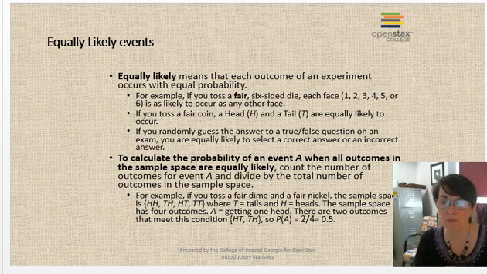Remember that terminology. When all outcomes are equally likely, we count the number of outcomes possible, the number of possibilities, and the total number in the sample space, and we get our probability.